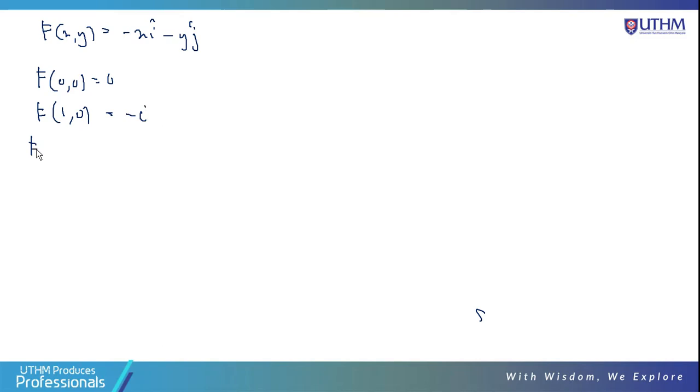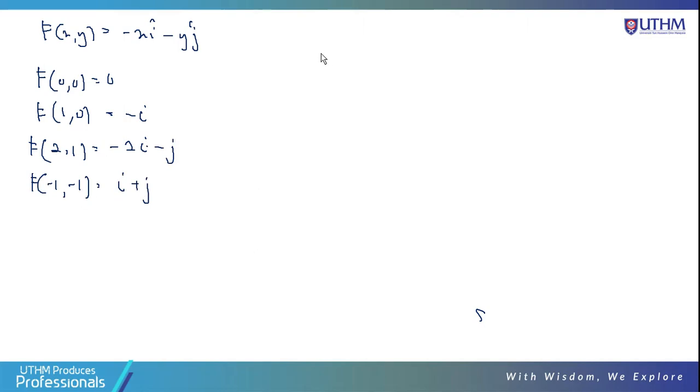For 2, 1, it equals negative 2 i negative j. For f of negative 1, 1, it equals i plus j. Like that.